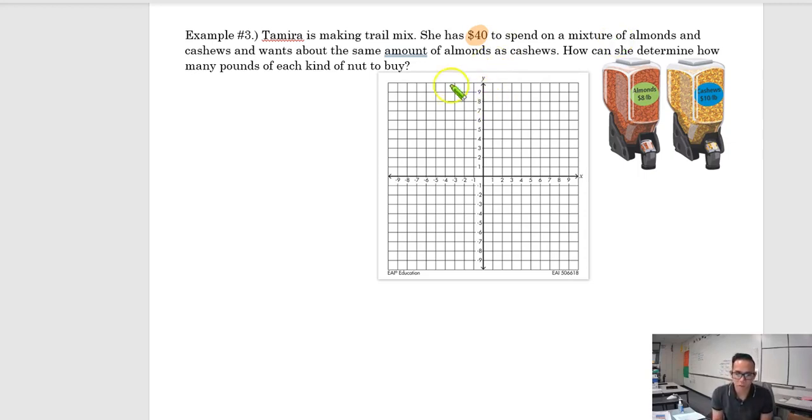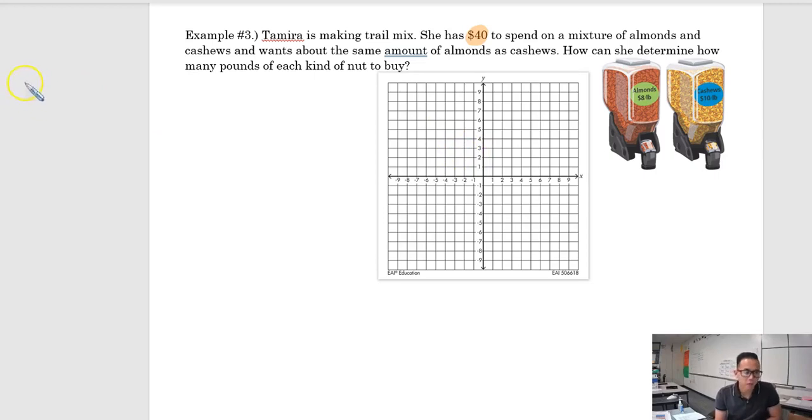On the problem, there's no other number other than 40. But on the picture we have here, it says $8 per pound, and we have $10 per pound. So first we have to formulate, meaning we have to write and graph an equation to represent the situation.